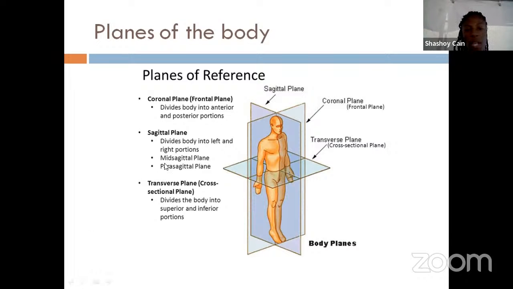And sagittal, which divides into left and right portions. And you have the transverse plane, which divides the body into superior and inferior portions, and the coronal, which is the frontal plane, the front part. So when you go to the doctor, they normally do this. They know what to do with your body and how they examine you.